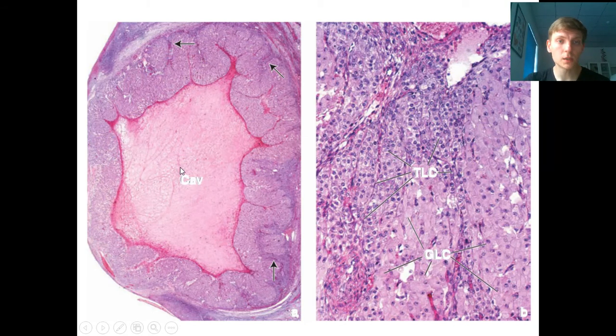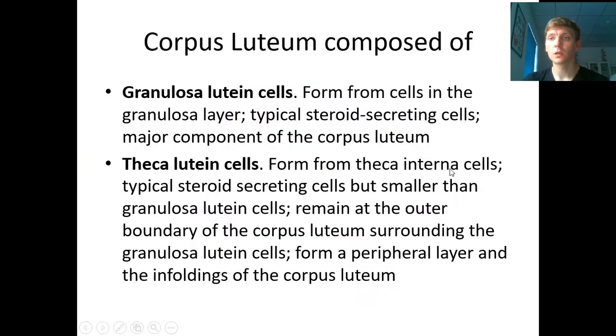Here we see this network of blood vessels and these luteum cells: theca lutein cells and granulosa lutein cells. They have different derivation but the same function, producing progesterone. Progesterone is very important in maintenance of the uterus. Okay, doesn't matter.